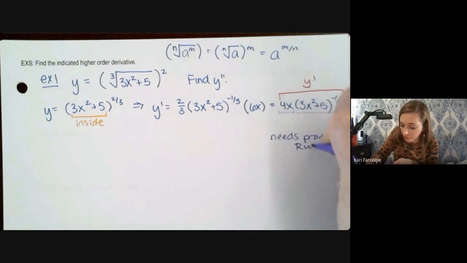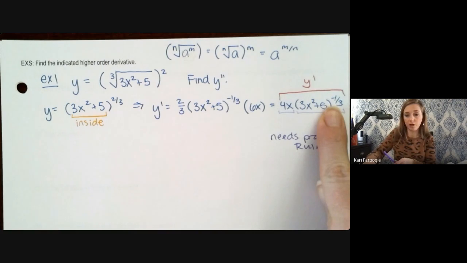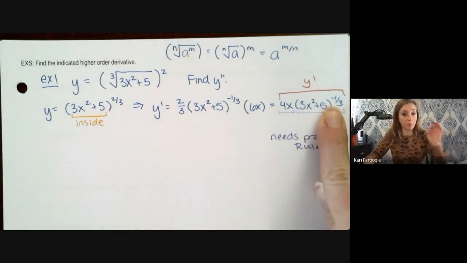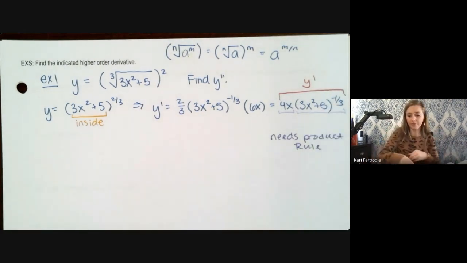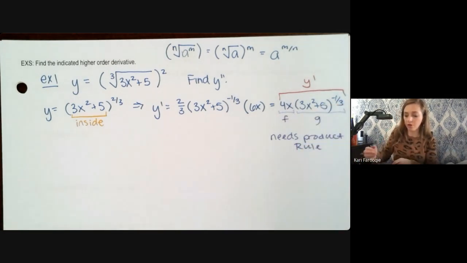Now, you would still need the quotient rule if you had decided to bring this expression down to the denominator with a positive 1/3 exponent. But for right now, we can leave it as it is. We can use it with the product rule. We'll call the first factor f and the second one g.